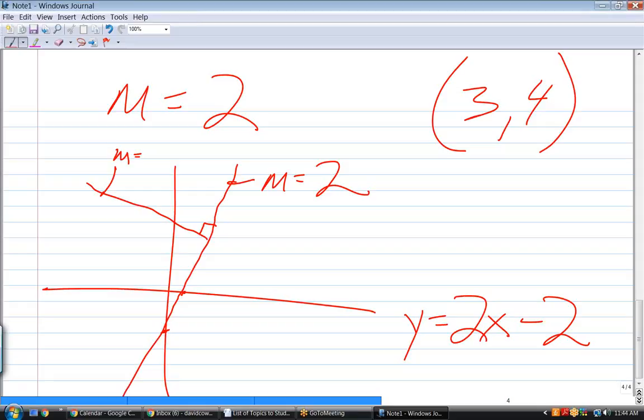You've got to do two things: -1/2. You can look at it and see that that's a negative slope. If you're ever in doubt, just approximate the slope and draw a perpendicular, and realize the slope's always the opposite sign.